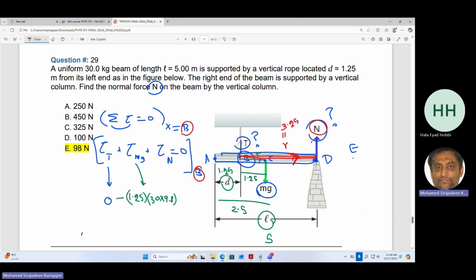I don't have space here, so I will come here. But if you are lazy to do the calculation, you can put it like this.